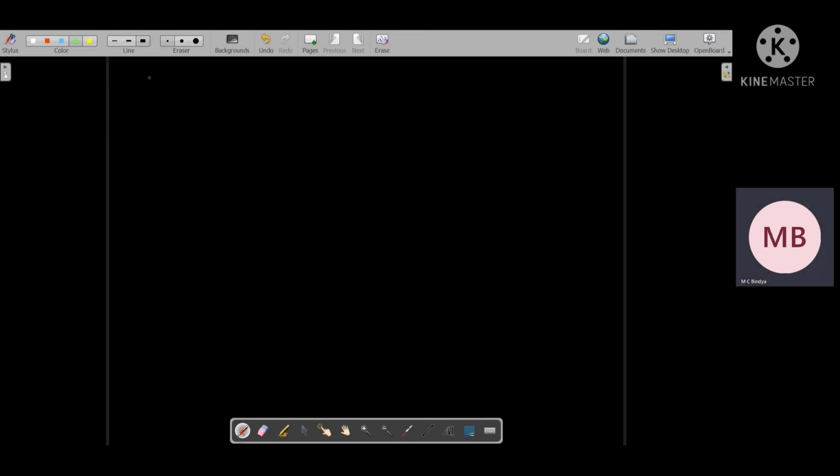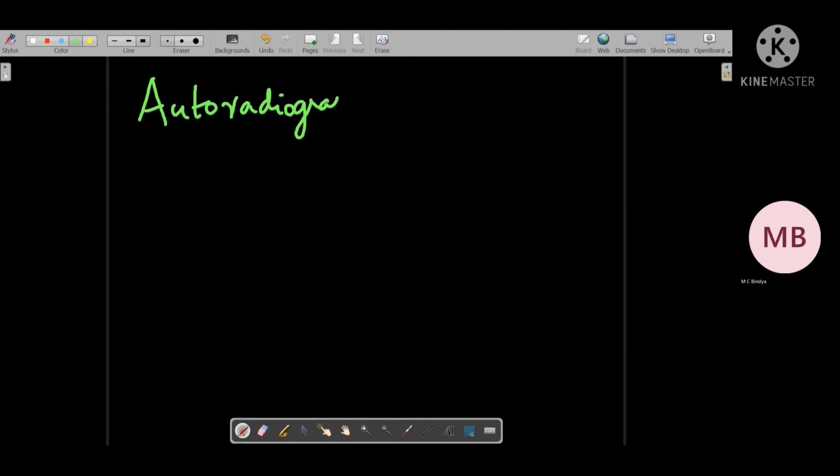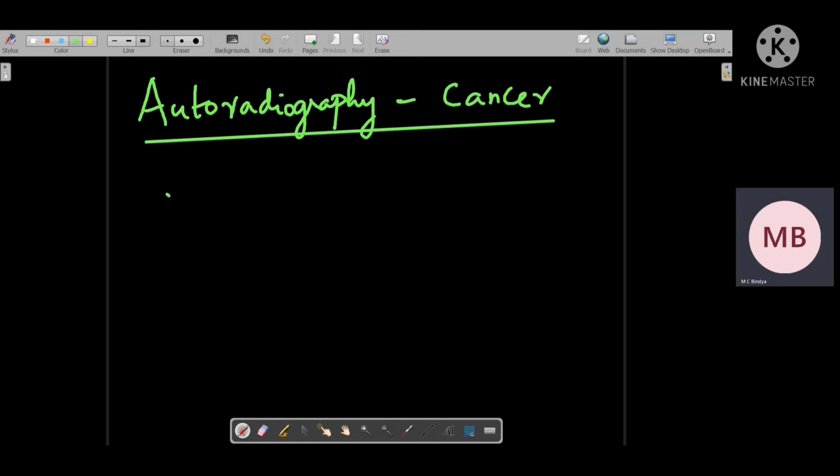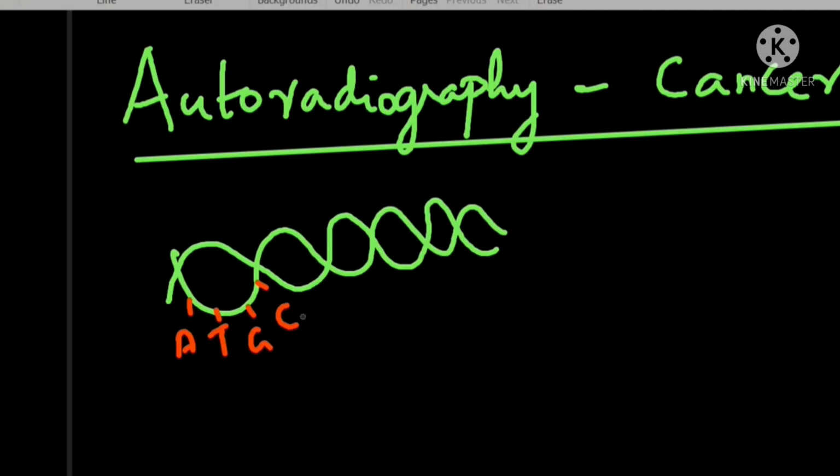Now there is another method that uses an autoradiography machine. This is important to detect cancer. For normal patients, those who do not have cancer, there will be normal genes with complementary base pairing.